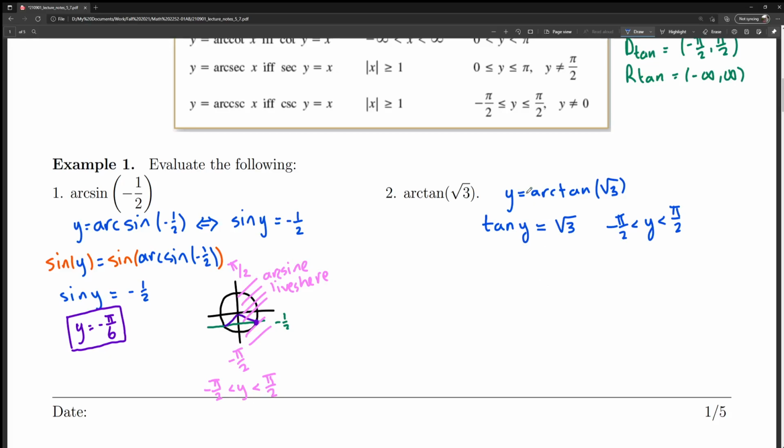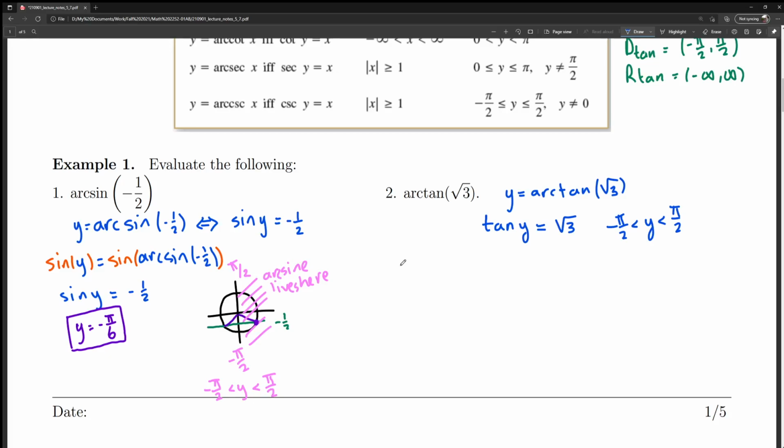So again, this is something that you can look up in a unit circle, but let me give you a way to cheat here, or use technology as a shortcut.